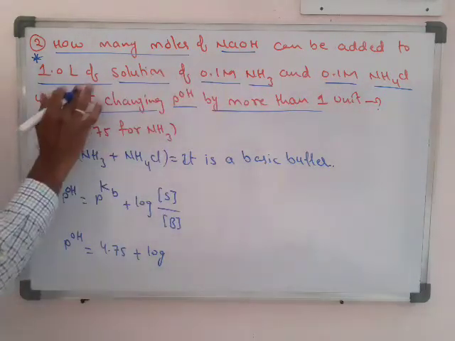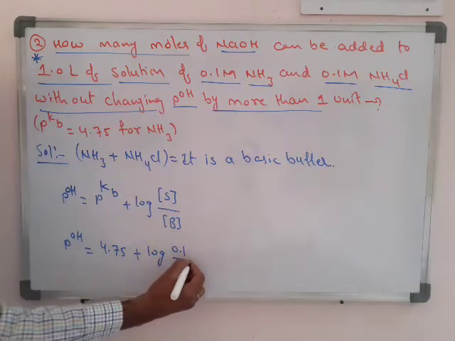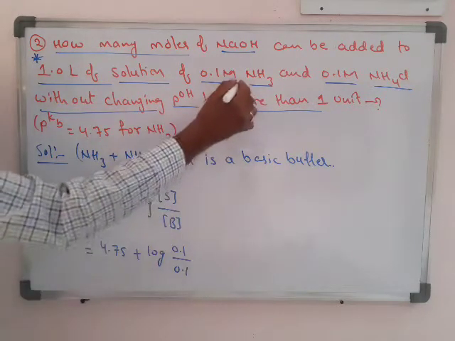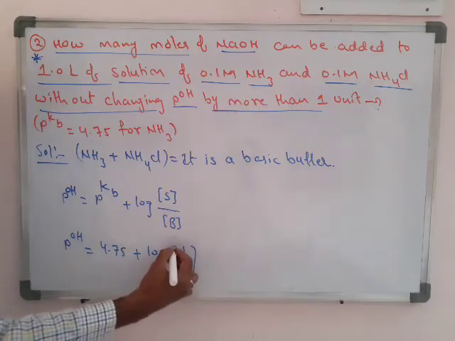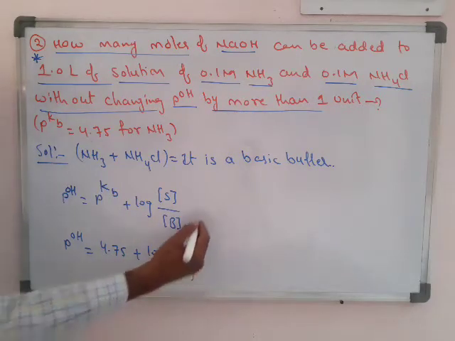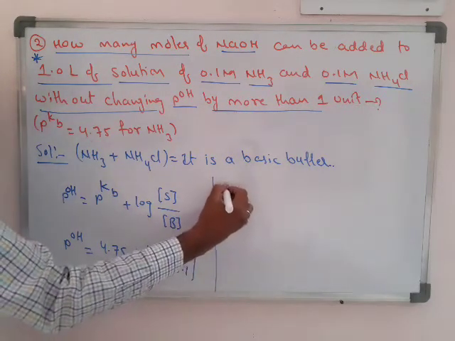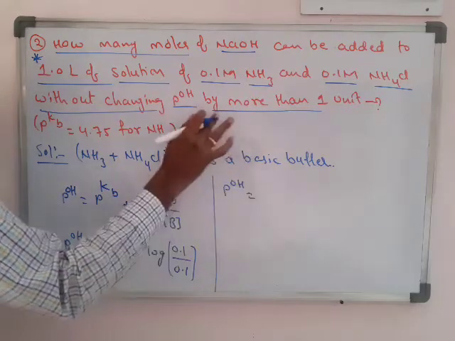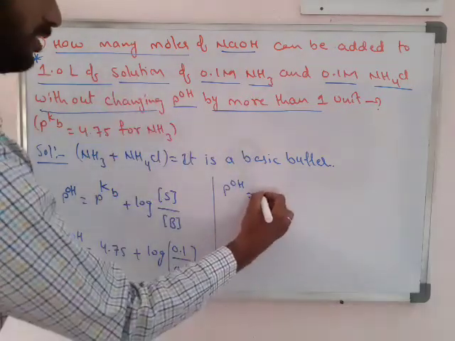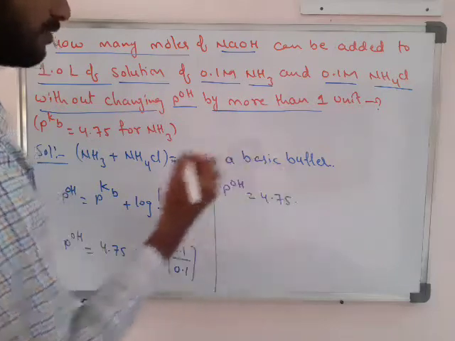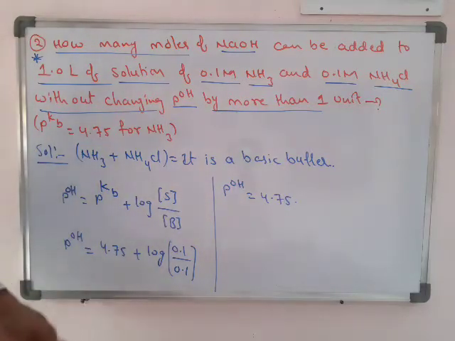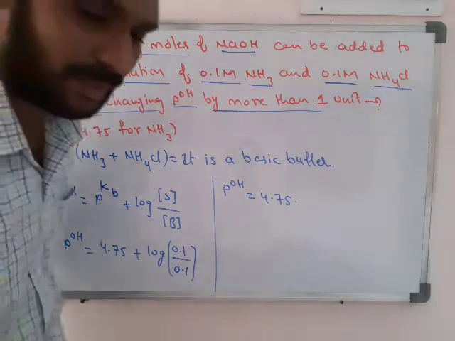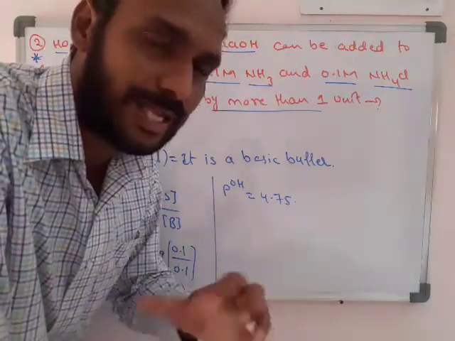Both are in 1 liter, so no need to consider the volume. The base is also 0.1, so they cancel and log 1 becomes 0. Therefore the pOH of that 1 liter solution is 4.75.